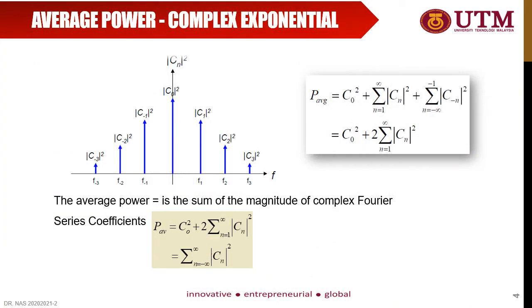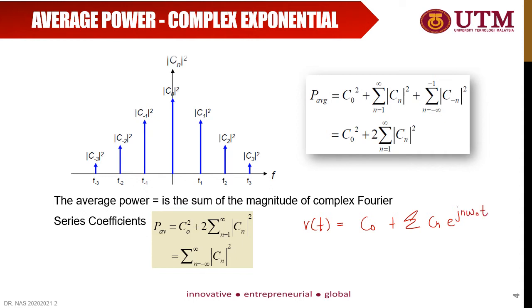Okay, let's recap the equation for the exponential Fourier series, in which the signal V(t) equals C naught plus the summation of Cn e to the j n omega naught t.